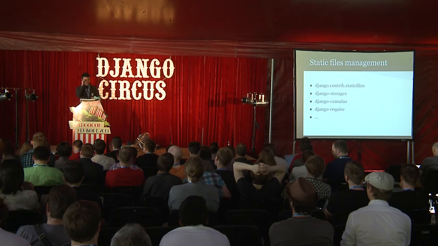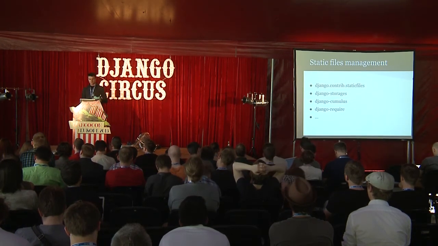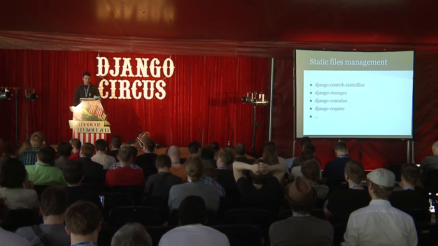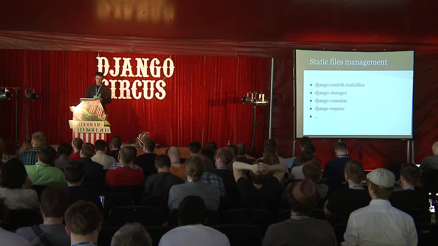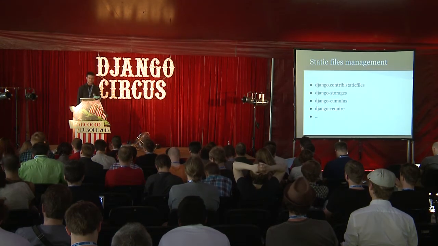In the Django world, we have a lot of good applications, of course, and I think that the static files application built into Django has a great API, and thanks to that, we can join all other Django apps to that.